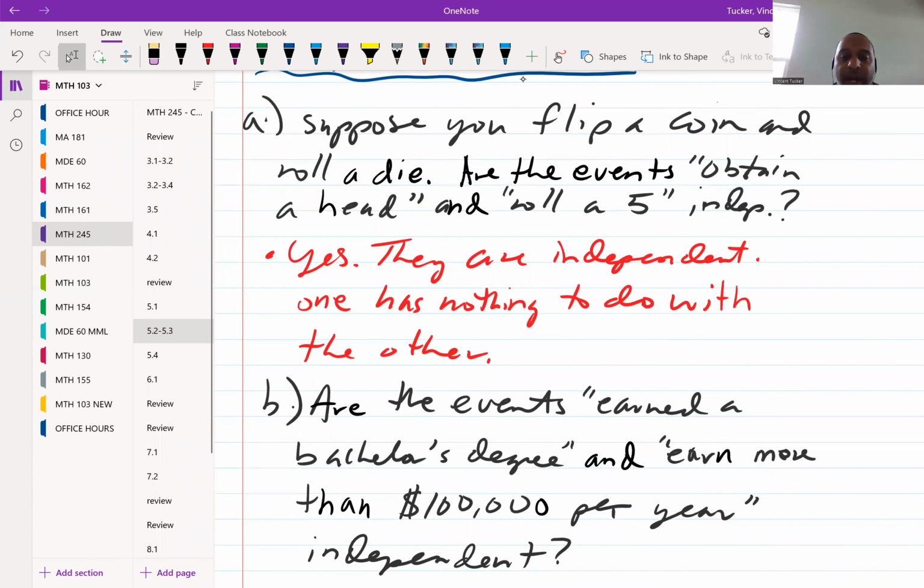Are the events earned a bachelor's degree and earned more than $100,000 per year independent? All right.